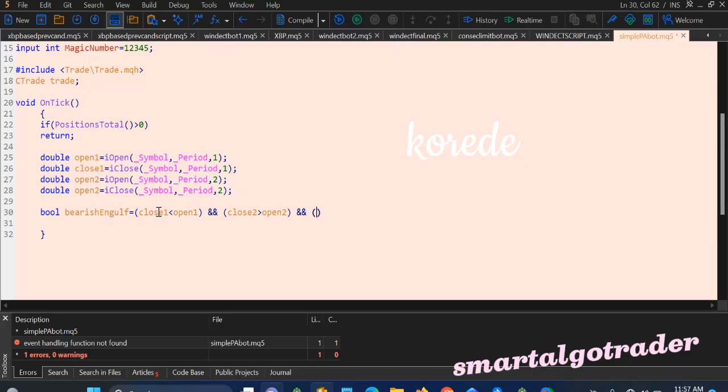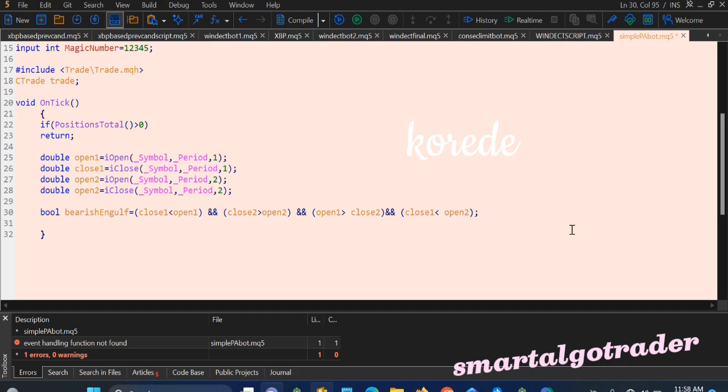Open 1 is greater than close 2, and close 1 is lesser than open 2. So I think it's complete, right?